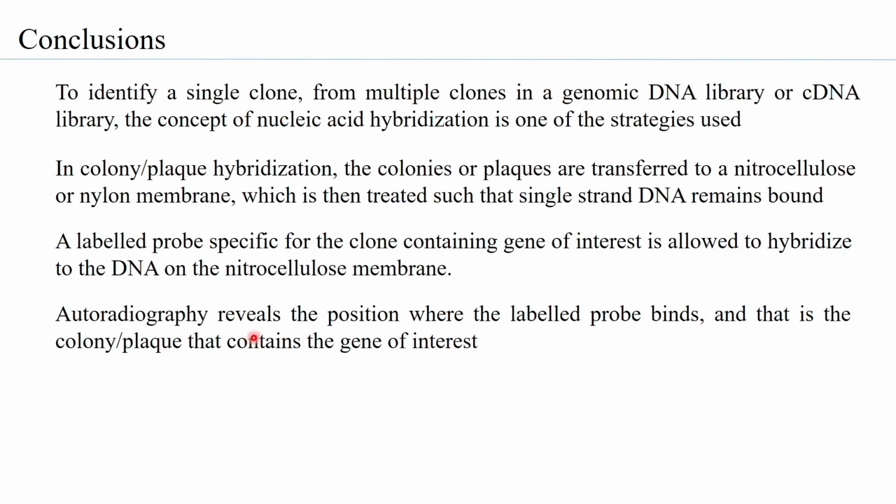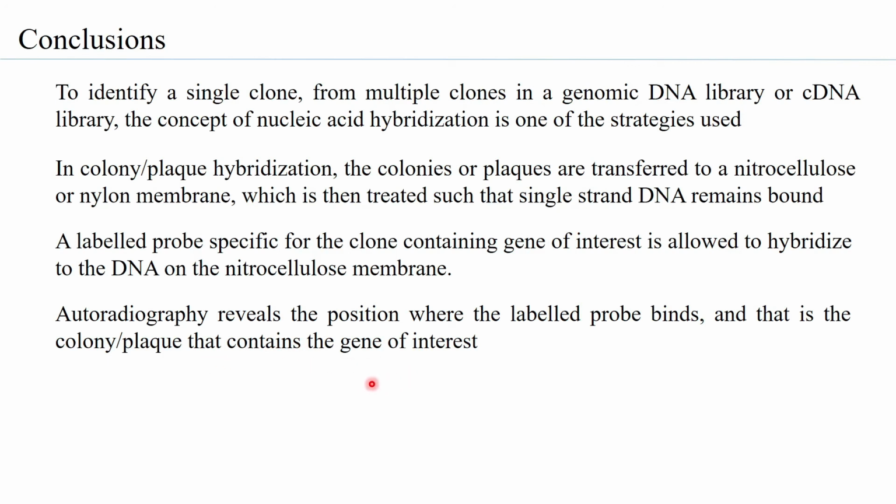And autoradiography is used only when you have the probe labeled with a radioactive substance. If it is with a fluorescent marker, accordingly it is detected under UV, or if it is chemiluminescence, you just have to see the glow under light. And that is the colony or plaque that contains the gene of interest.